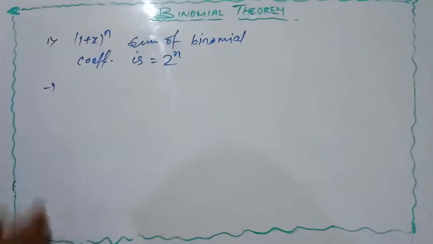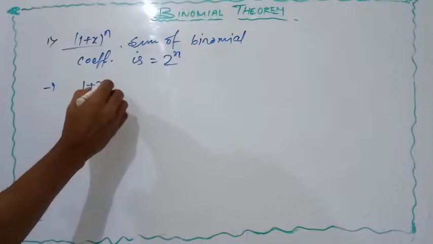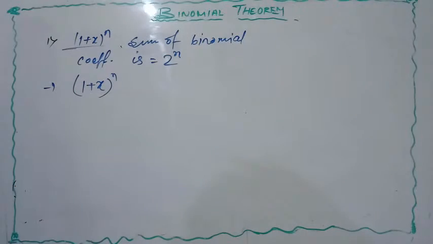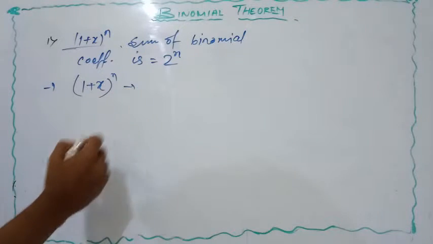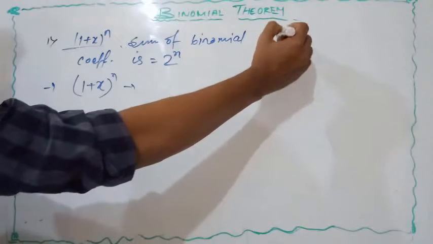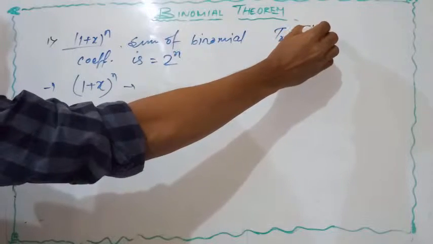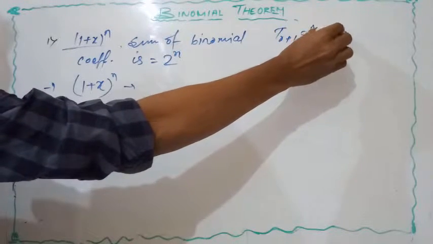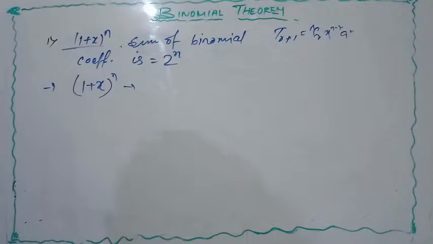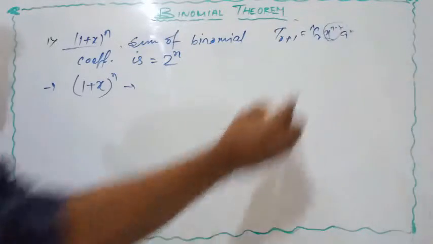Let's see. What is given is the expansion of (1 + x)^n. If we expand this expression, what will we get? We know the general term, T(r+1) = nCr x^(n-r) a^r. Here the first term is 1, so whatever power it has, the value will be 1.